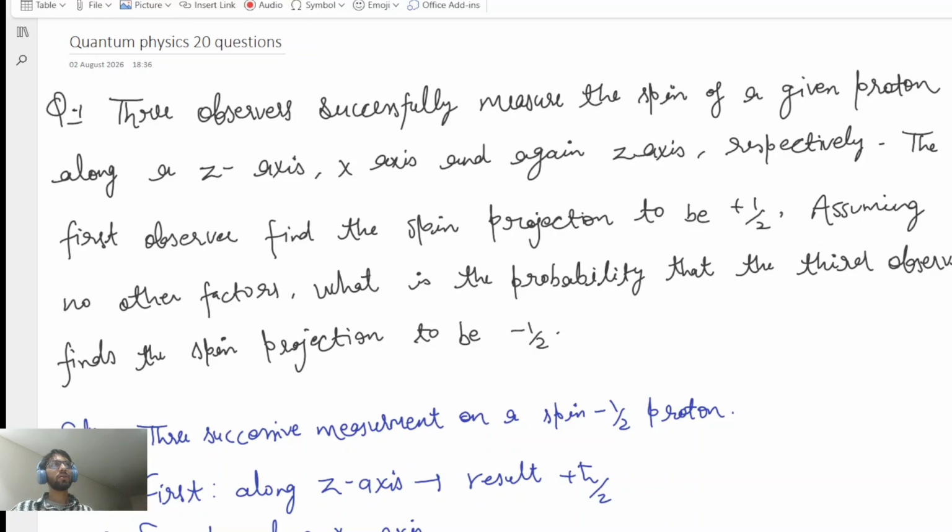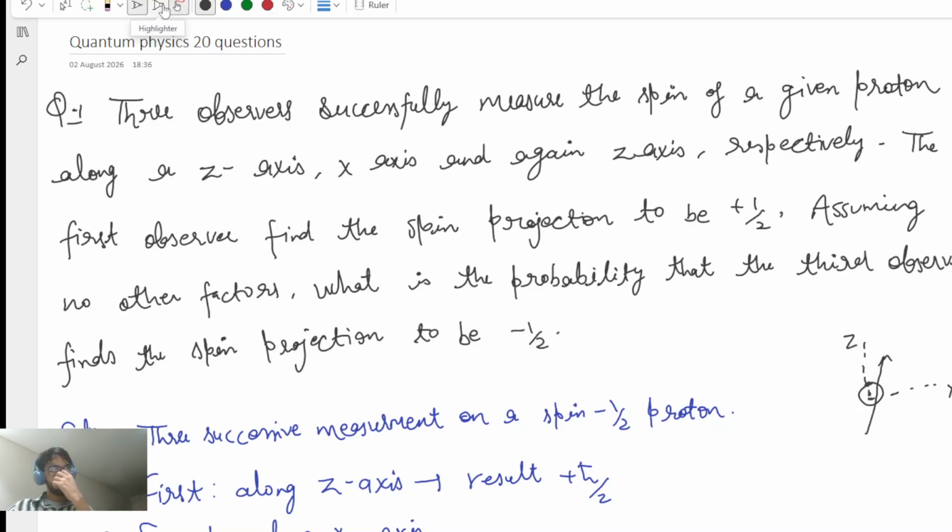So, in this question, we are given an electron which has a spin. This is the x-axis, z-axis.